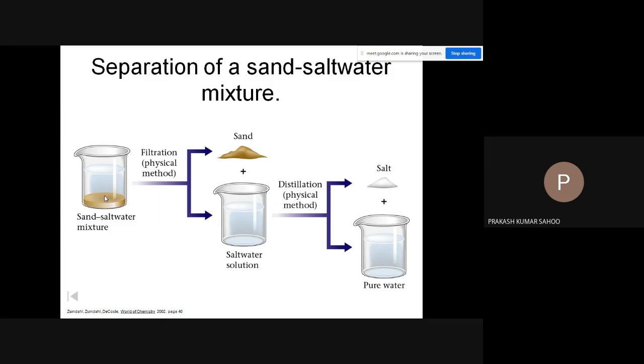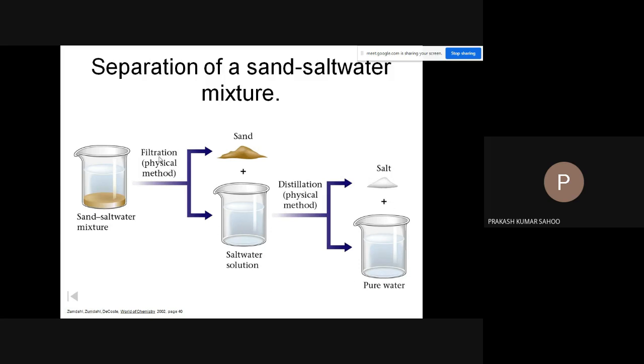If I decant or filter, then the sand and the salt water get separated first. Then we have sand as the first component and salt water as our second part. The second part undergoes the distillation process, evaporation followed by condensation. Then we have the salt and pure water.